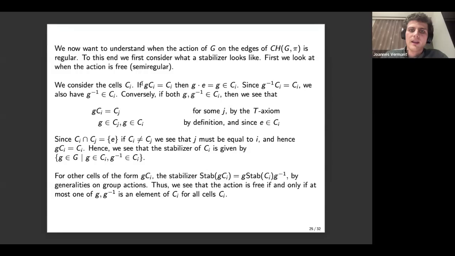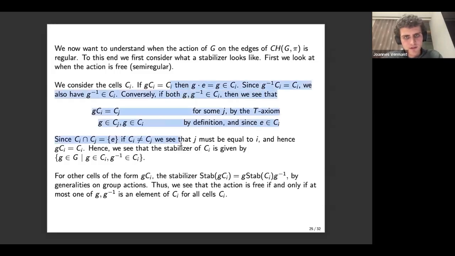And it turns out to be the case that the action is regular if for any cell Ci, we don't have that both G is an element of Ci and G inverse is an element of Ci. So the stabilizer of any of these cells Ci is the collection of elements G such that both G is an element of Ci and G inverse is an element of Ci.